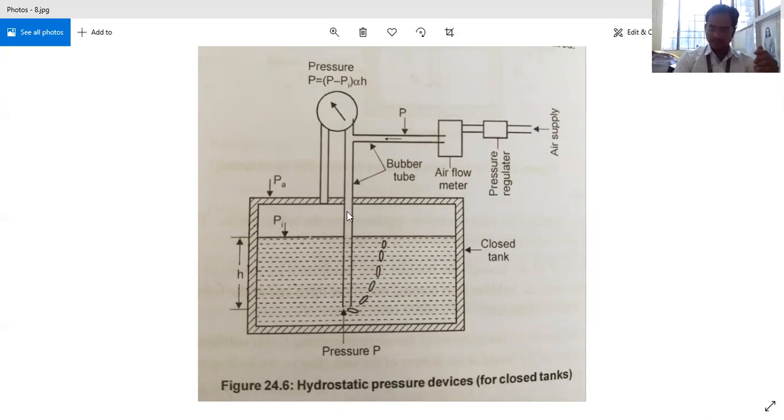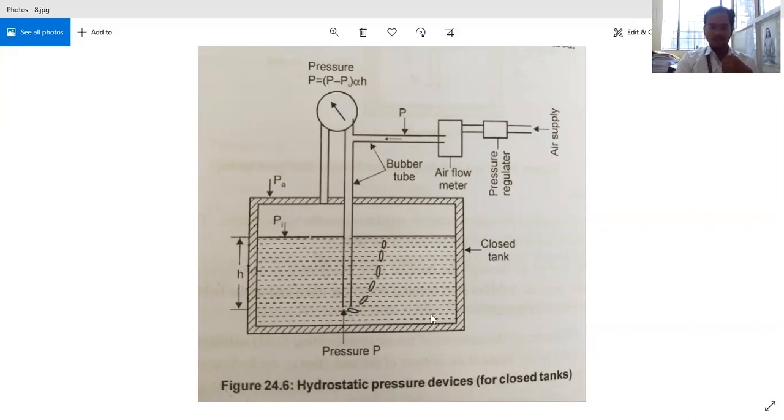This air should go slowly deep through this pipe, such that the bubbles come out uniformly at a very slow rate out of the tank, so that the differential pressure between the end of this pipe and the inside of the tank can be recorded over a differential pressure gauge, and that is proportional to the head or the level of the water or the liquid in the tank.